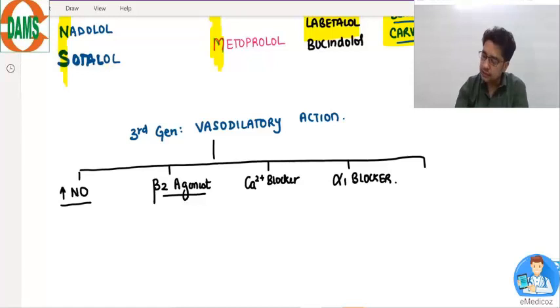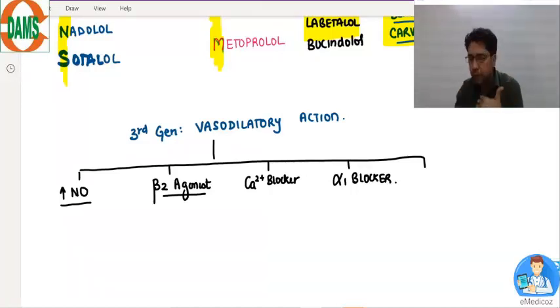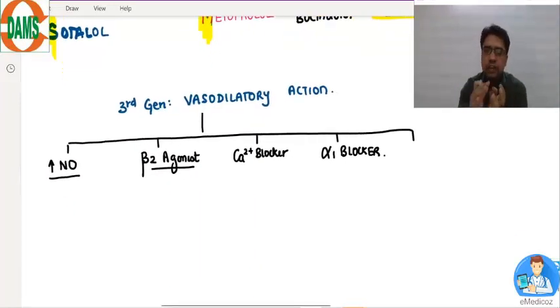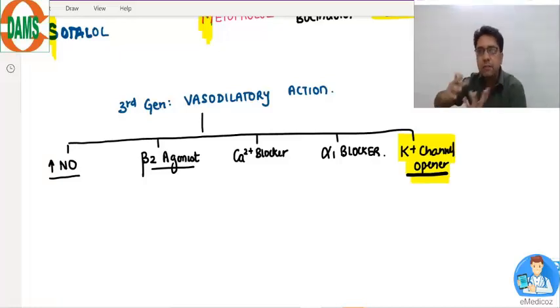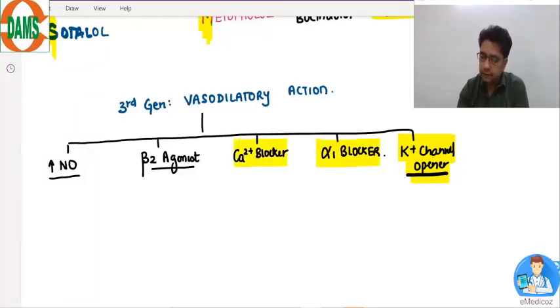And lastly, certain beta blockers are potassium channel openers. If the potassium channel opens, potassium will move out of the muscles, muscle will become hyperpolarized and blood vessels will dilate. So these are the 5 actions we have learned.